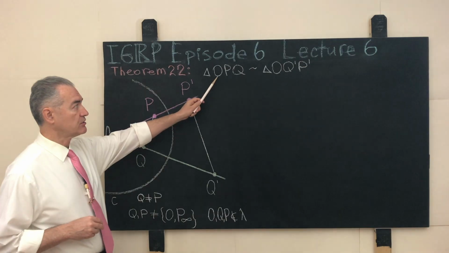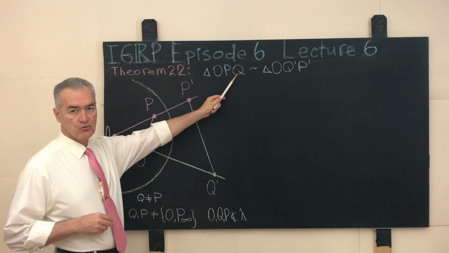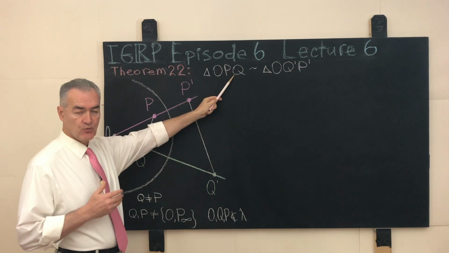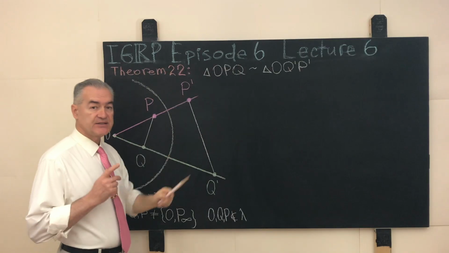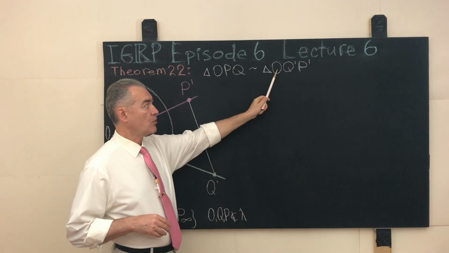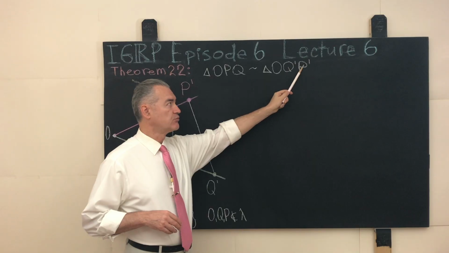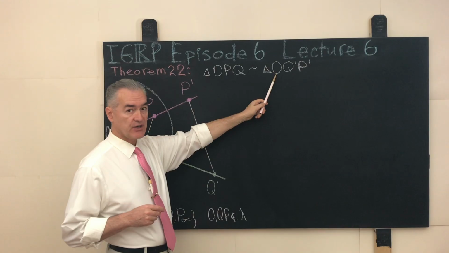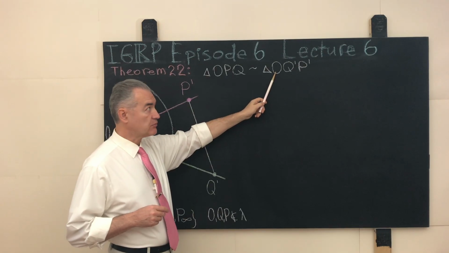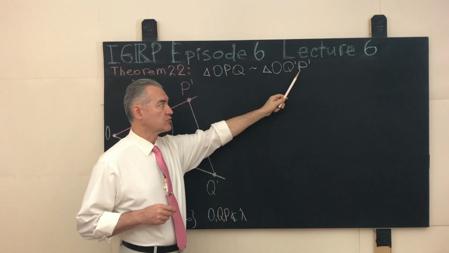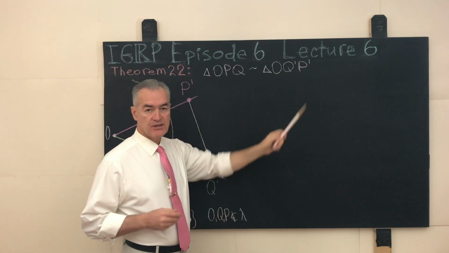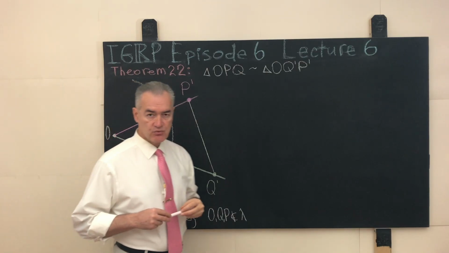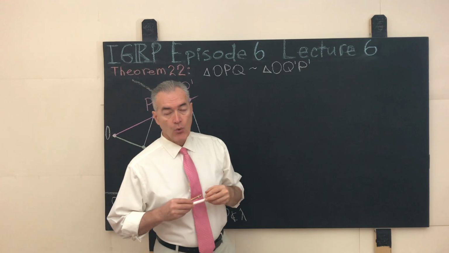That is, the triangle OPQ, where the order of the vertices OPQ is what it is and cannot be changed, is similar to the triangle OQ prime P prime, where again the order of the names of the vertices, the vertex O followed by the vertex Q prime followed by the vertex P prime, is important and cannot be changed. And by the end of the proof of this theorem, we will understand why and what that means.